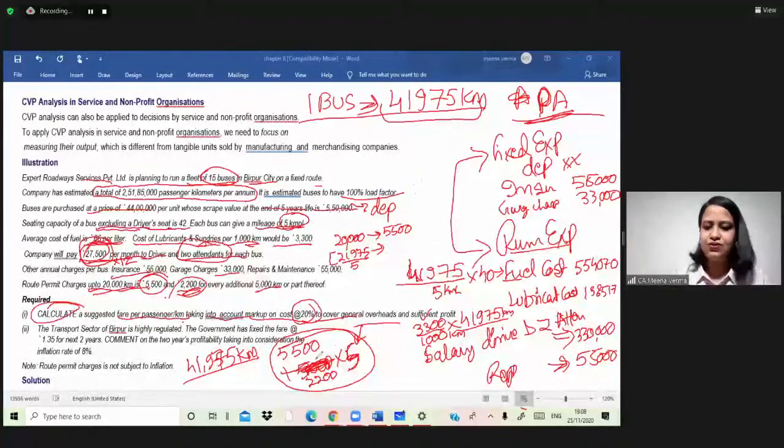In this way, you can find the total cost of the organization. Then you will do the markup. Markup is what? It is mentioned as 20% of cost. After considering the markup, you will get the total fare which you want to recover here. I hope you understand this.